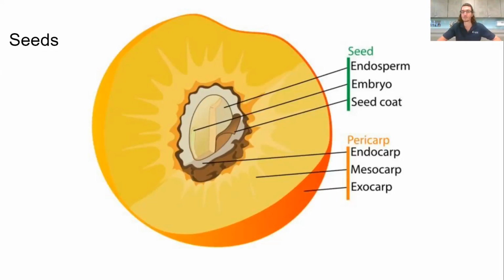And then also, seed coats are going to be really important for allowing the seed to maintain or to retain moisture within that seed coat. So we don't want our plants to dry out before they even have a chance to grow and develop. And so having that outer layer is going to be really important for allowing the plant to retain moisture and water and not get dried out.